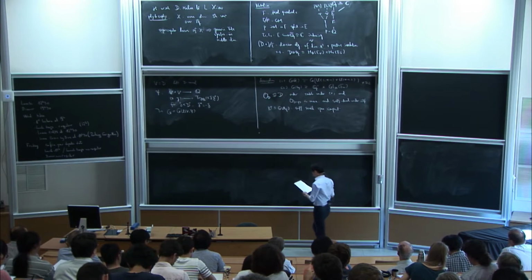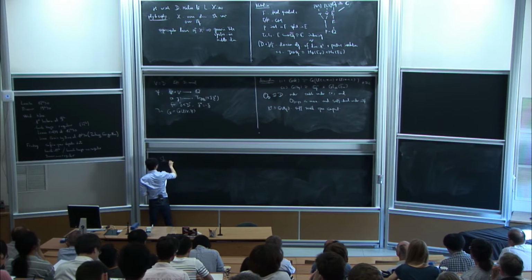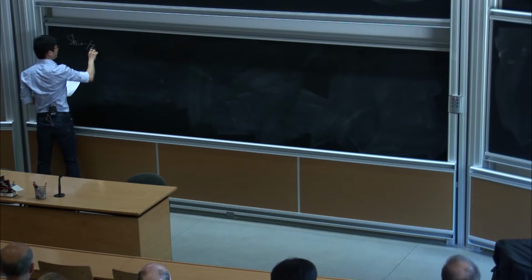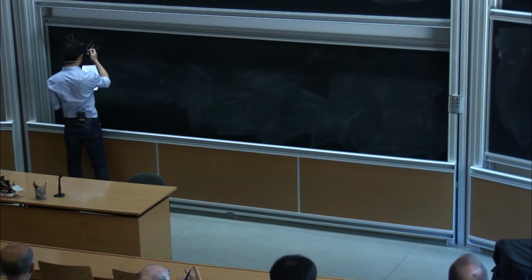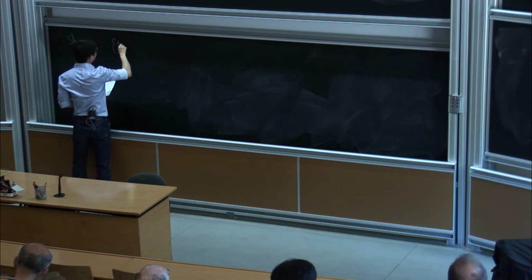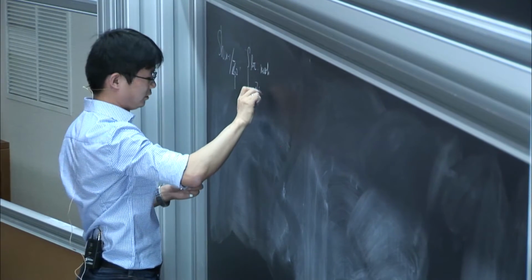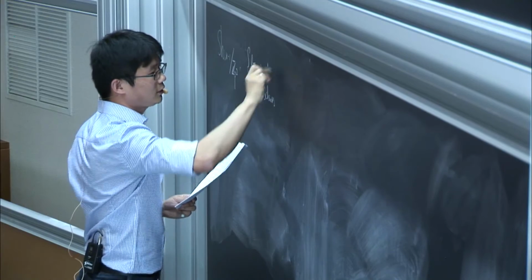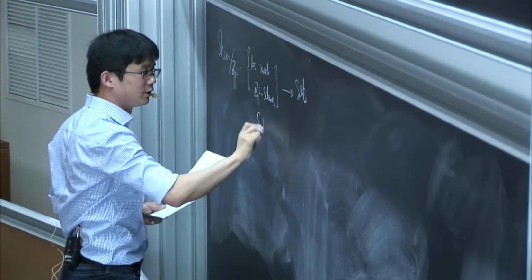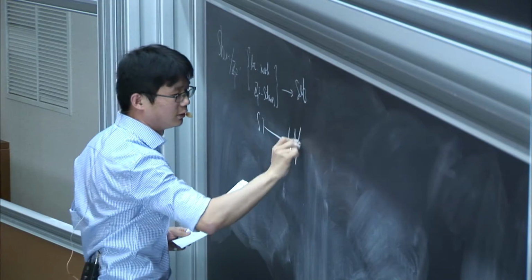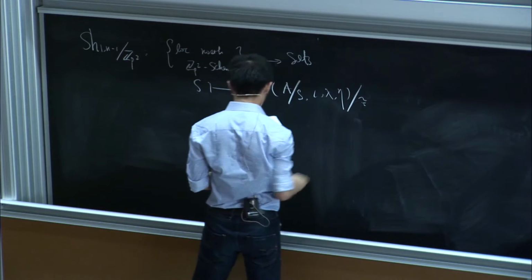Okay. So now you consider the functor over Z_{p^2}. So this is the degree 2 unramified extension of Z_p, on local Noetherian Z_{p^2}-schemes to the category of sets, which associates to each S the triple (A over S, iota, lambda, eta), modulo isomorphism.